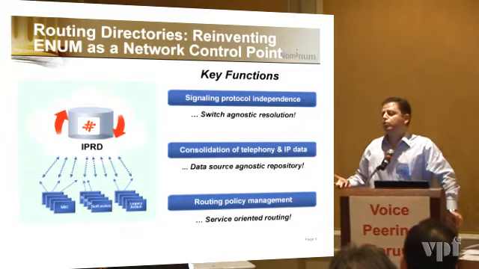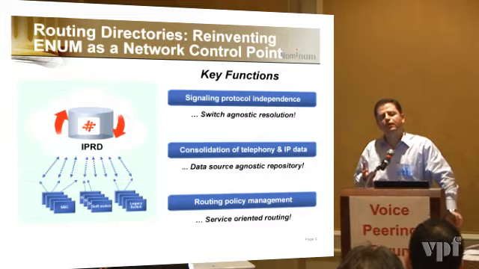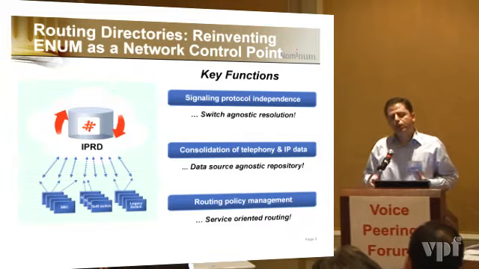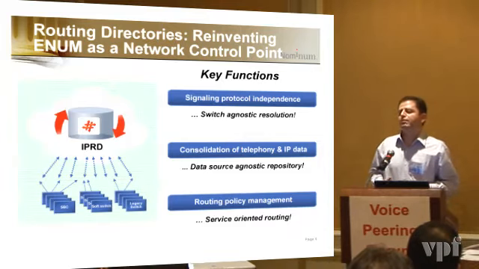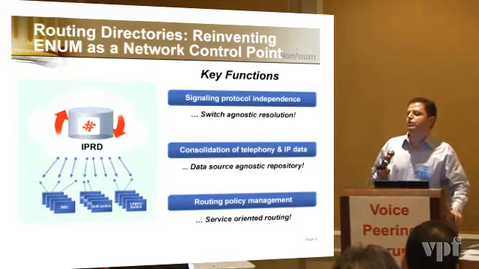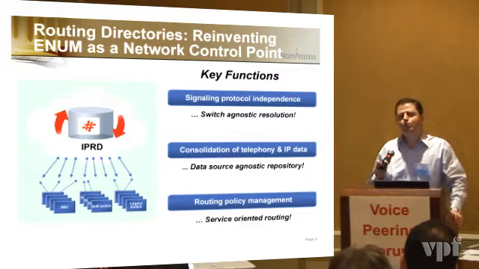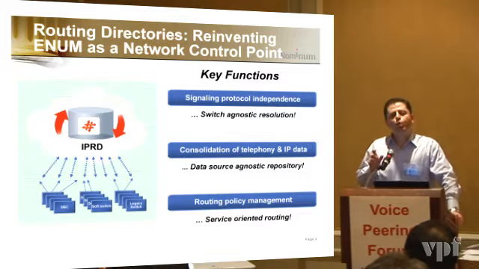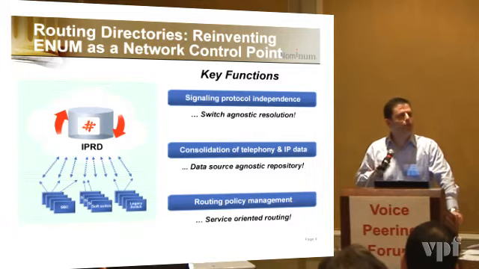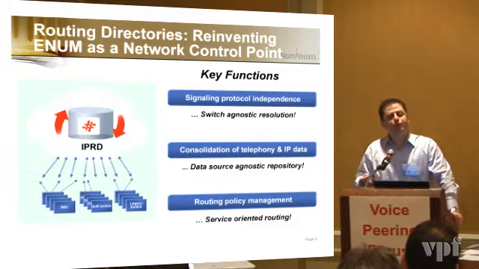On top of this, you're also trying to perform some level of routing logic to refine the route. With IP and voice peering, you have a lot more choices than you used to have in the past. In some situations, not always, you may have to perform some logic to figure out which set of data you really want to look at for a particular session. I may not have the freedom to just default to one preferred partner.